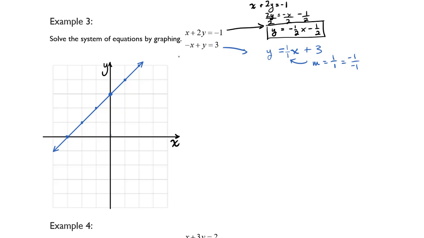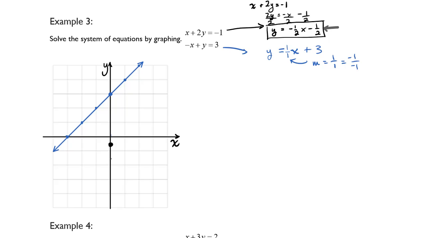Now let's go ahead and graph y equals -1/2 x minus 1/2. And this one might not be as obvious. So just be brave, split your graph intervals in half, and go ahead and do it.